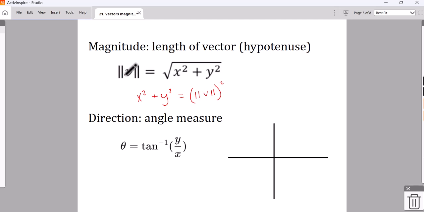Anytime you see the double bars around your letter V, or your letter for vector, whatever your vector's name is, it could be any other letter, like A or B or C or X or Y or Z. Usually we don't use X and Y because X and Y are already something else. So x squared plus y squared equals magnitude squared, and to solve for our magnitude, we square root both sides. It's the square root of x squared plus y squared. But really, big picture, this is just Pythagorean theorem.